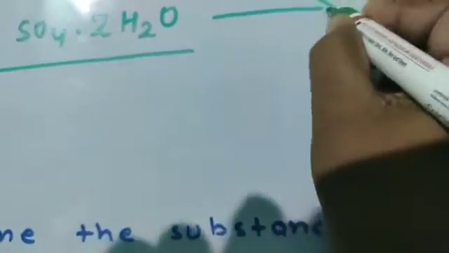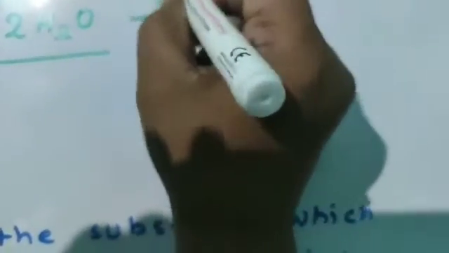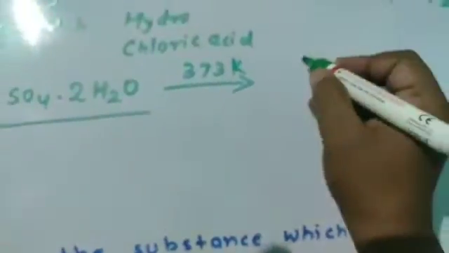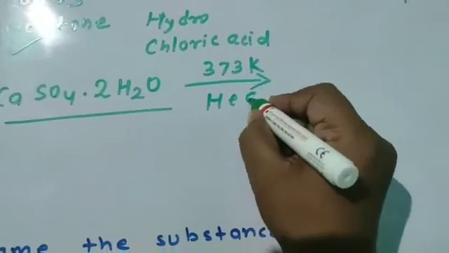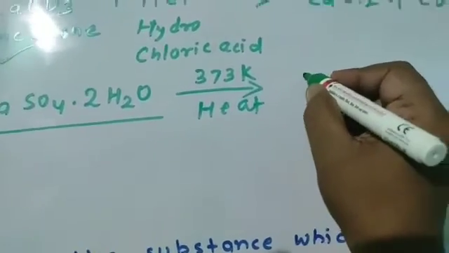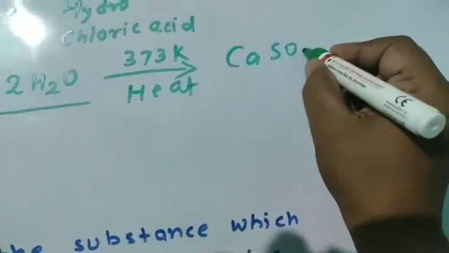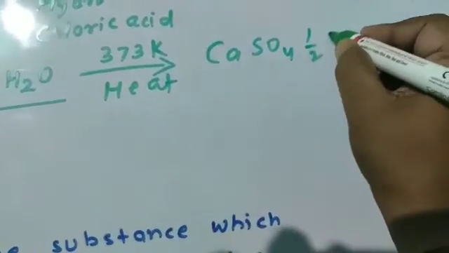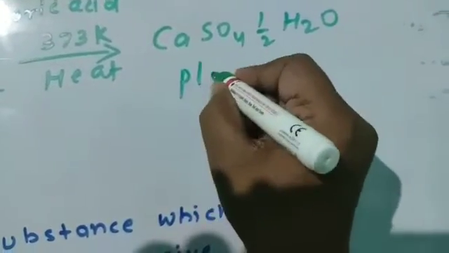If gypsum is heated at 373 Kelvin, then calcium sulfate hemihydrate is obtained, that is called plaster of Paris.